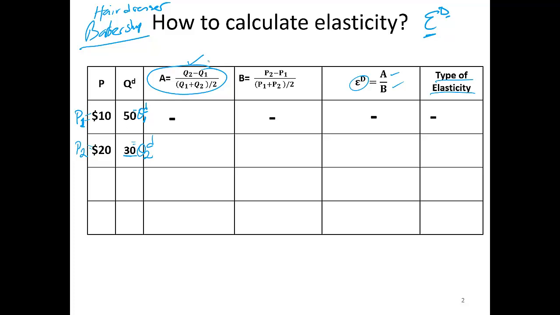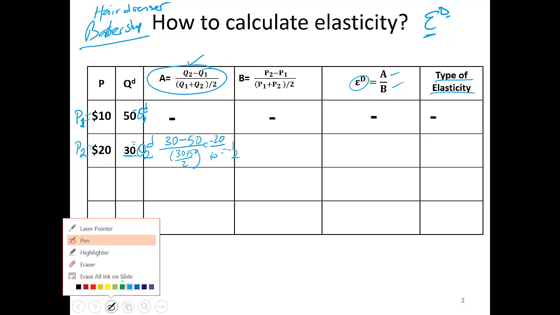Formula says final quantity demanded, Q2D, so 30, minus initial Q1D, 50, divided by their average. So add them up, 30 plus 50 divided by 2. So it's negative 20 divided by 40, so it's going to be negative 1/2, okay?